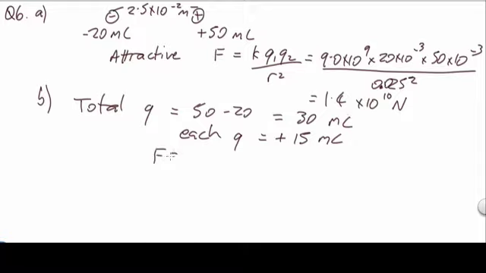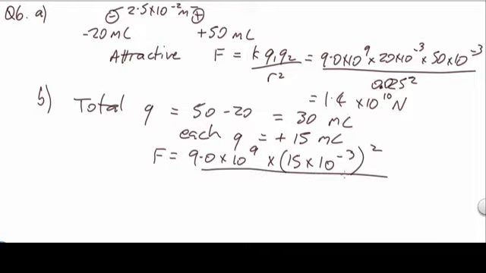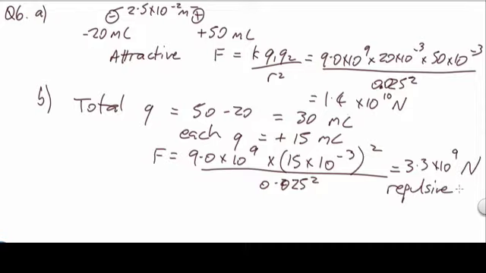So then the force is going to be, just put these new values in, 15 by 10 to the minus 3, and that's just squared over 0.025 squared, and that will be now 3.3 by 10 to the 9 newtons, and now the force will be a repulsive one because they're both positive charge.